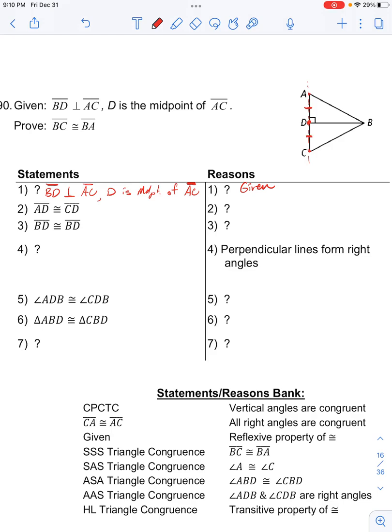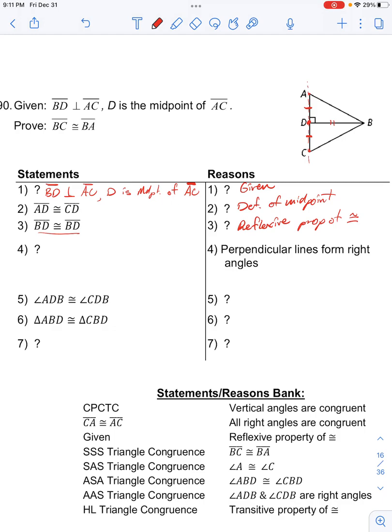This is just given by the definition of a midpoint, that the two segments that are formed are congruent. And then we have BD is congruent to BD, and that's just a reflexive property of congruence.